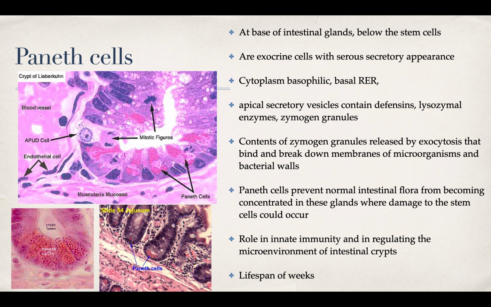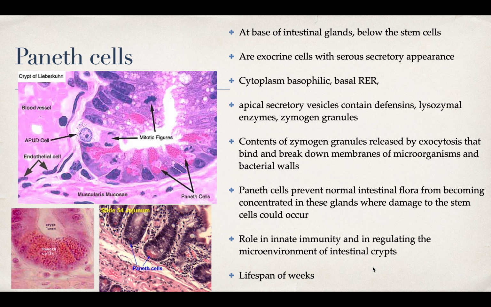The zymogen granules can actually break down the membranes of microorganisms and bacterial walls. Not necessarily a good thing, because we do need our gut flora to convert a lot of larger, more complex carbohydrates into simpler carbohydrates, which we can use. They have some role in innate immunity and regulating the microenvironment, but it's still kind of mysterious.